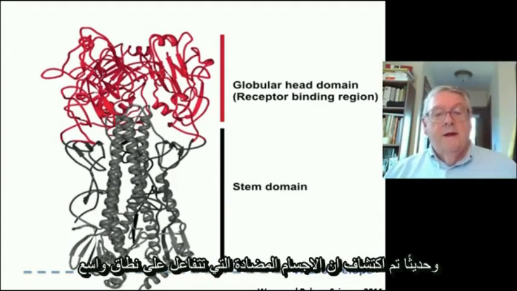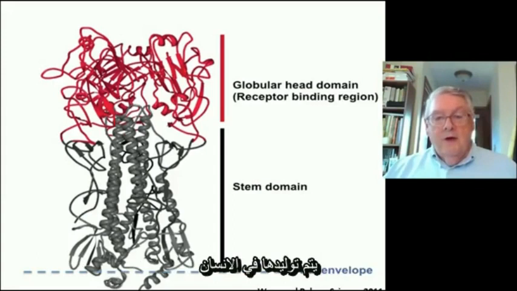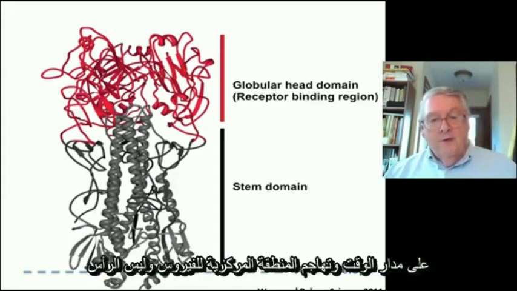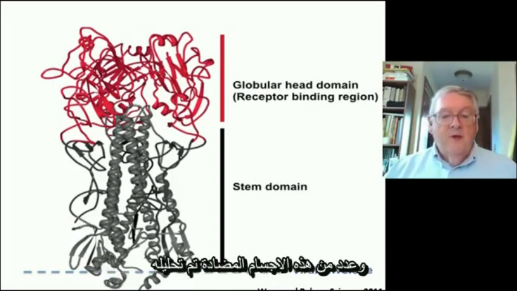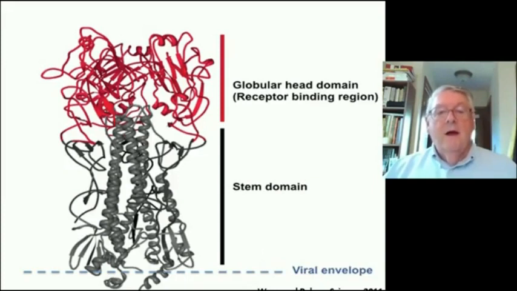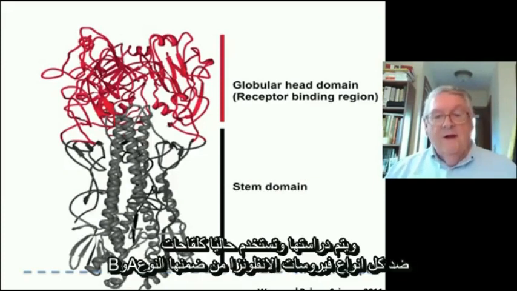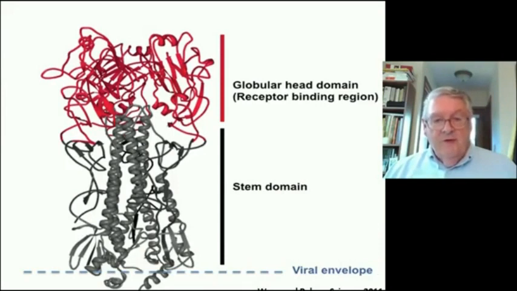Now, recently, it's been discovered that broadly reacting antibodies are also generated in people over time, and they're directed toward the stem region of the hemagglutinin. And a number of these broadly acting antibodies have been analyzed, and they are now being studied and to be used as a vaccine, which will work against all of the influenza viruses, all of the type A influenza viruses.